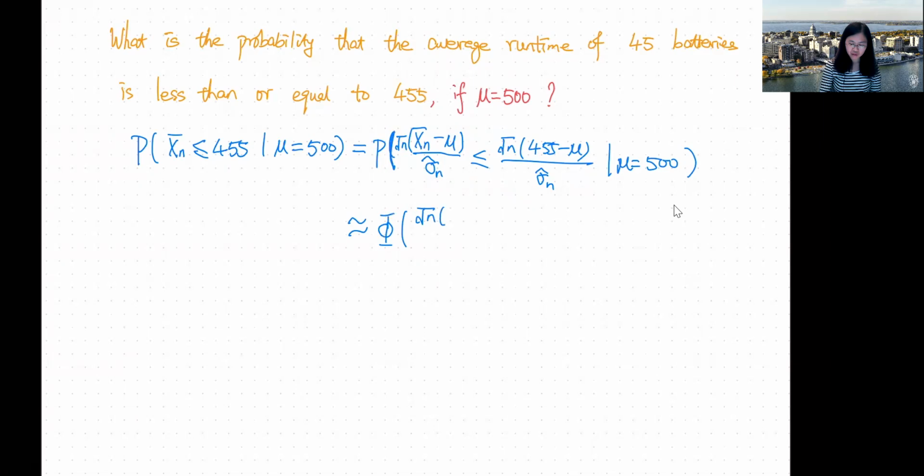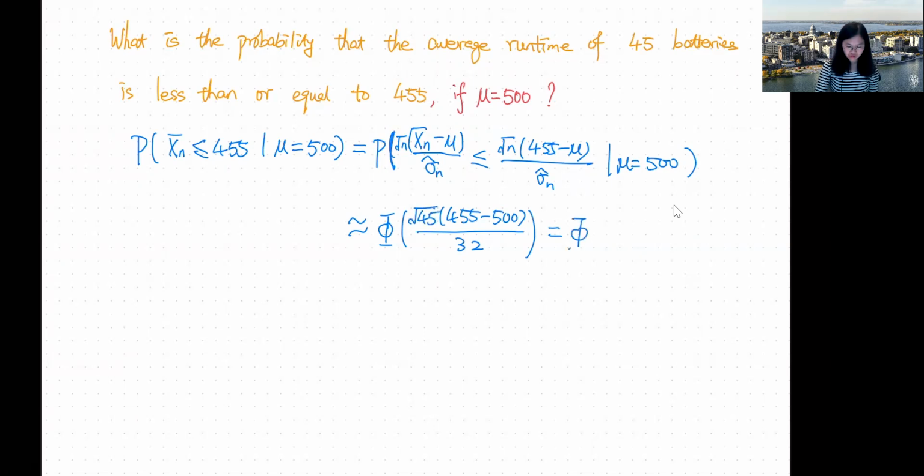And now we can plug in mu equals 500 here. So you get root n times 455 minus 500 divided by 32, which is the sample standard deviation. And square root n, remember, is square root of 45.